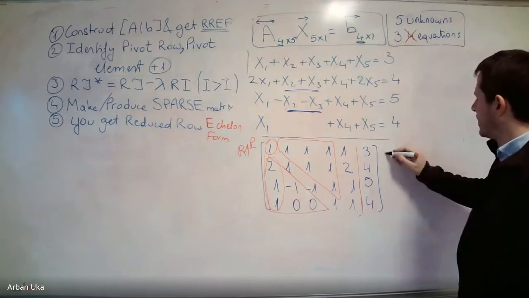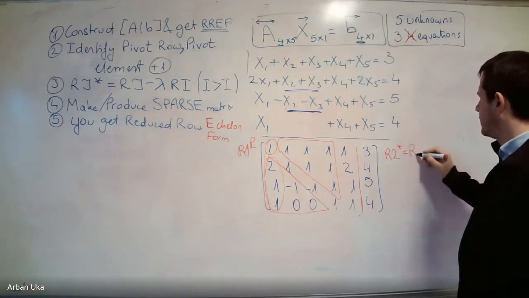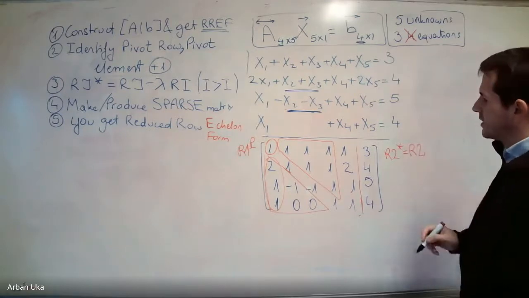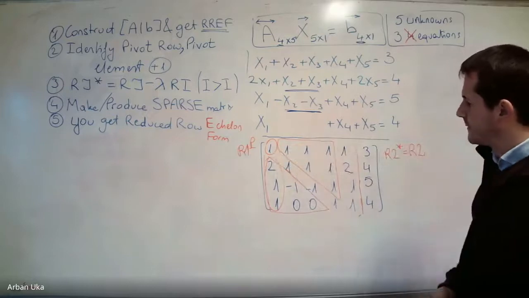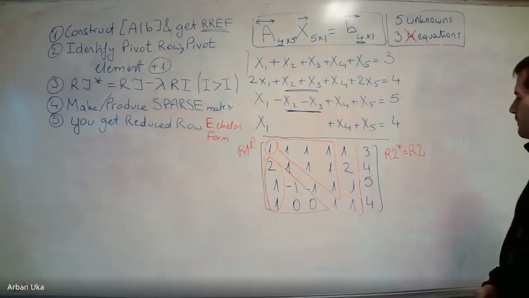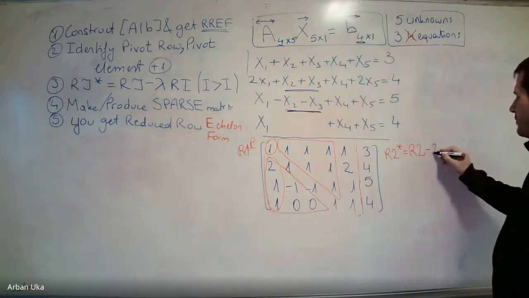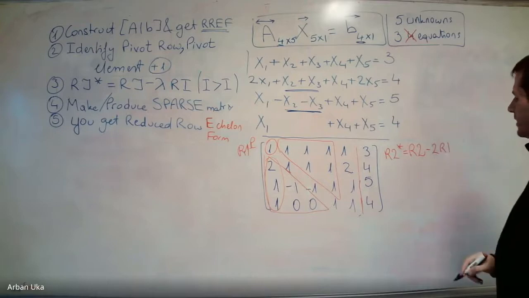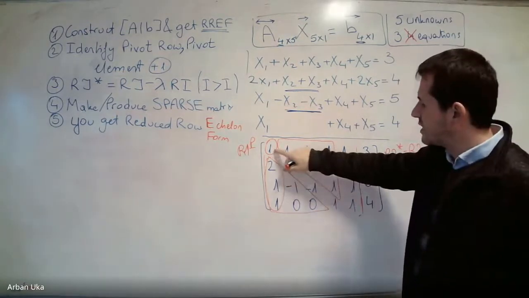We can say that row 2 star can be equal to row 2, then what? How can we make this 2 a 0 using this one? Minus 2 row 1. Okay? We can write this down because we know that 2 minus twice 1 gives 0, right?